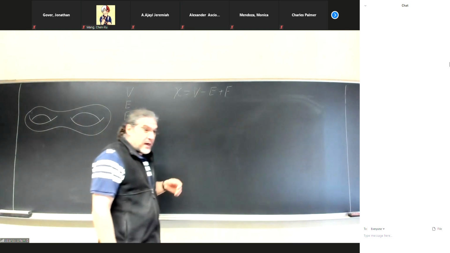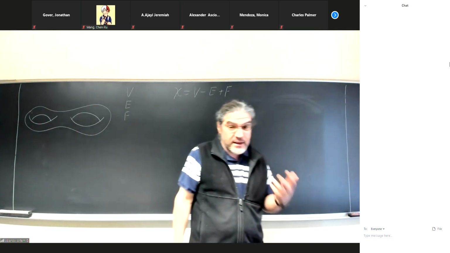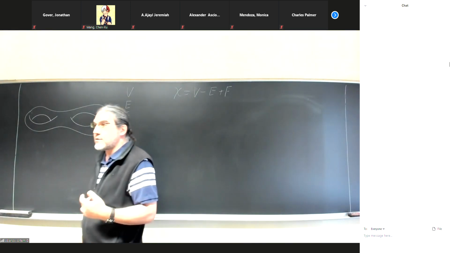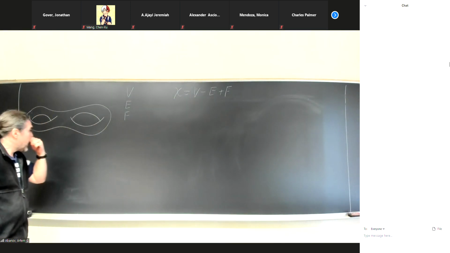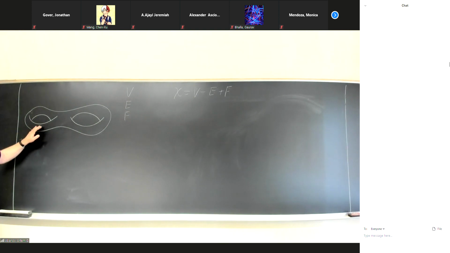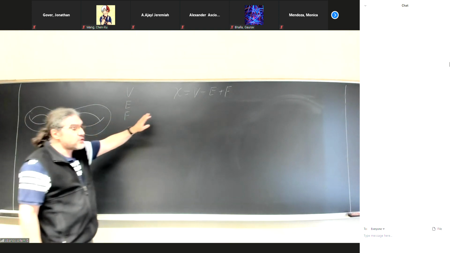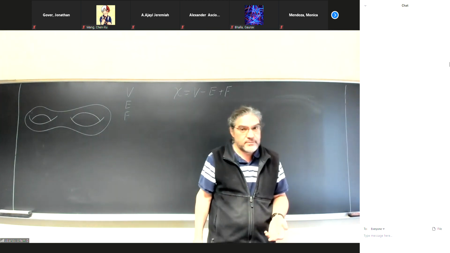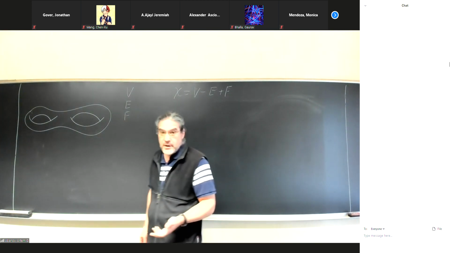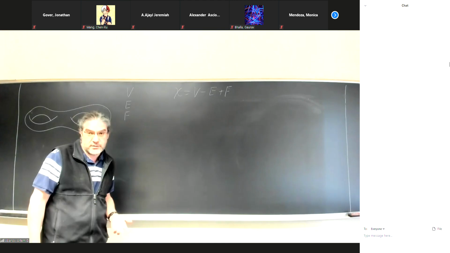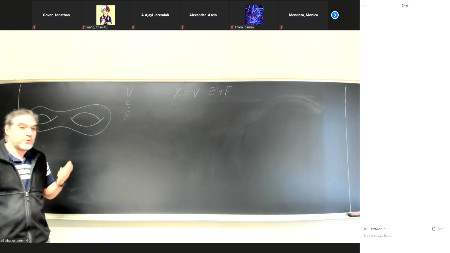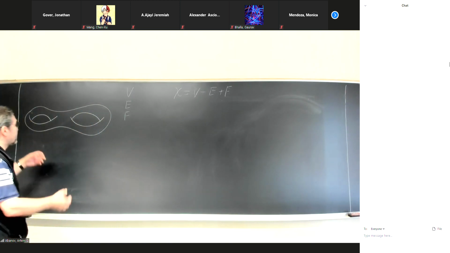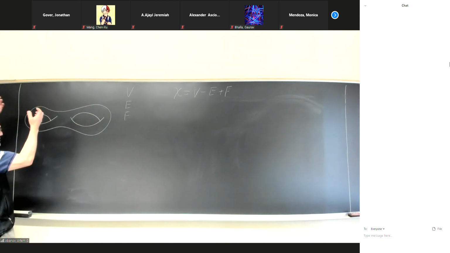Now, I actually proved a theorem last lecture, or when it was, the lecture before. First of all, that number does not depend on which polyhedron you actually draw. You can do whatever you want, and it will still be the correct answer, as long as it approximates this figure to some degree.